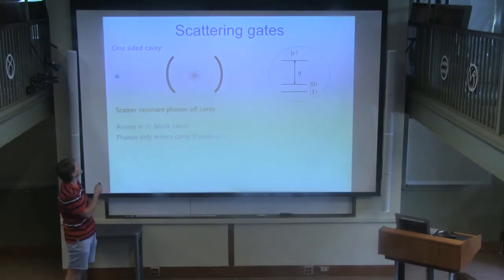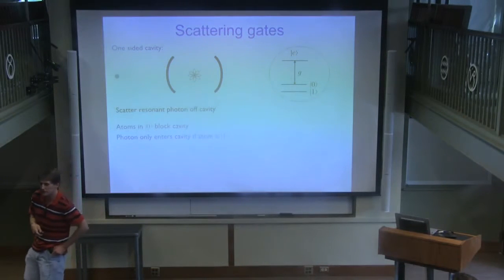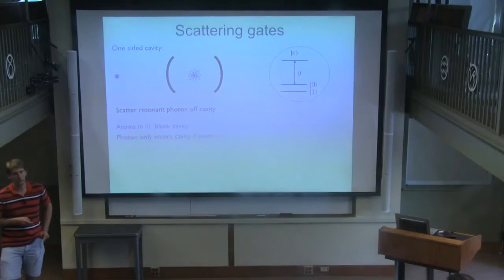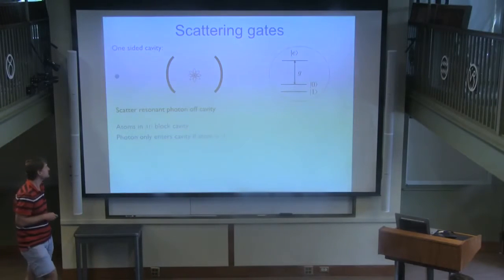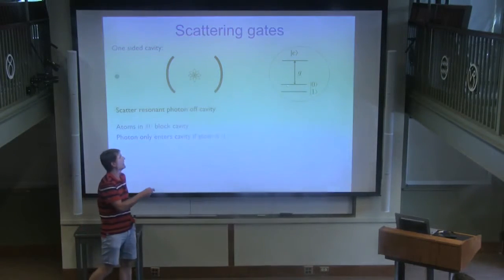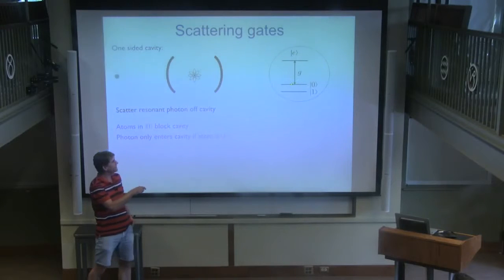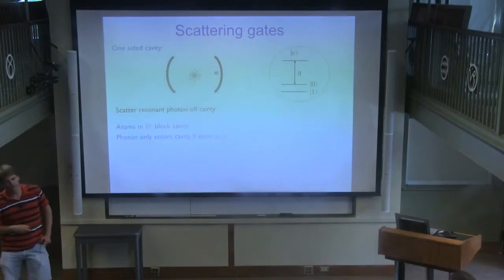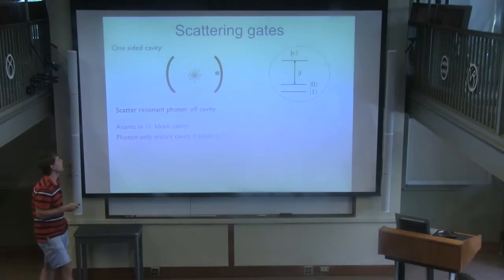All right, so again, the idea is if we have this one-sided cavity here, instead of making a gate on the atom, we can also make gates on photons. So again, if my atom is in state 0, my photon won't be able to go in there. If my atom is in state 1, it will actually go in there, bounce around a few times, and go out.